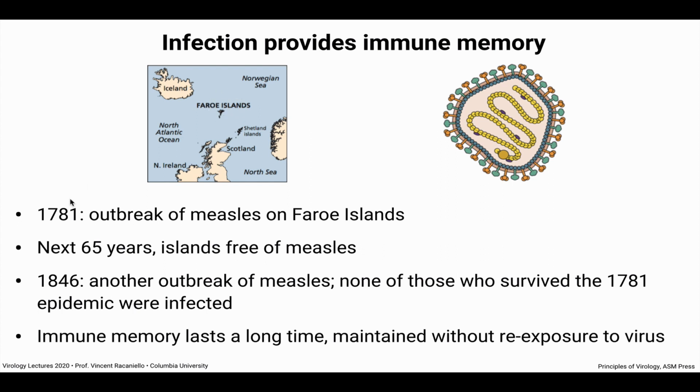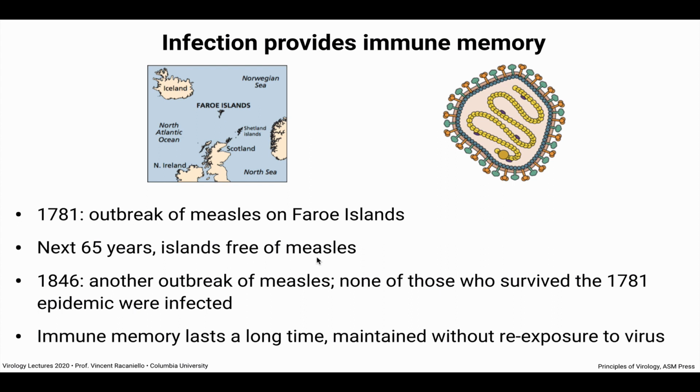This was studied in the late 1800s by an epidemiologist, because he wasn't around in 1781, but he studied this retrospectively by looking at records on the island. For the next 65 years, the islands had no measles. Now remember, this is a long time ago, and there's not much traffic. There are no airplanes. And then every now and then there's a boat. But apparently for 65 years, no measles.